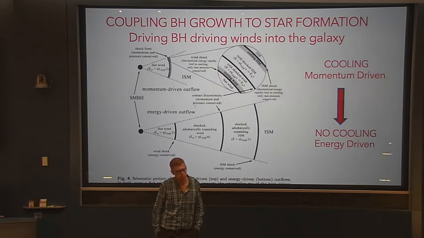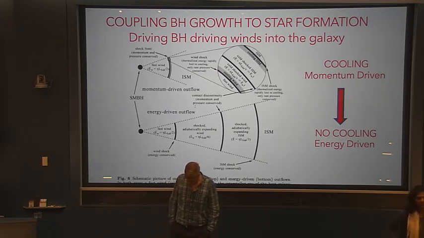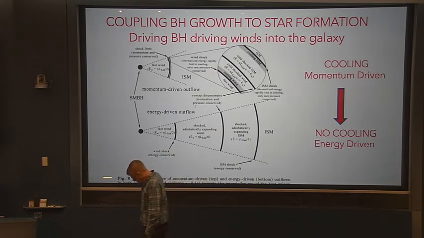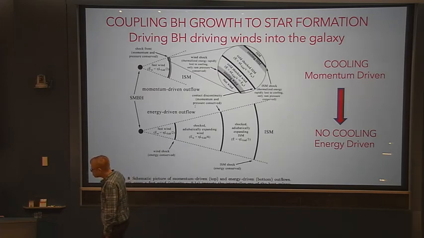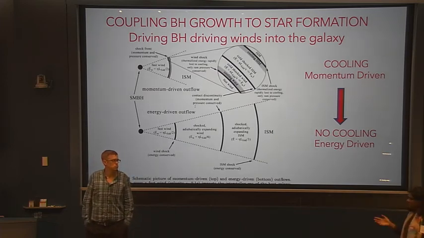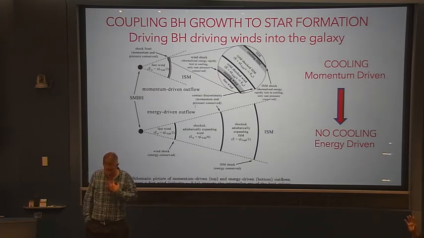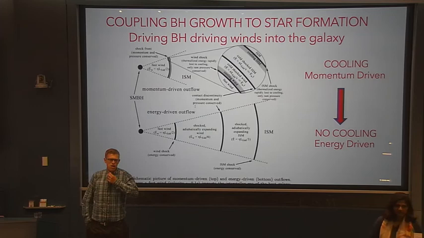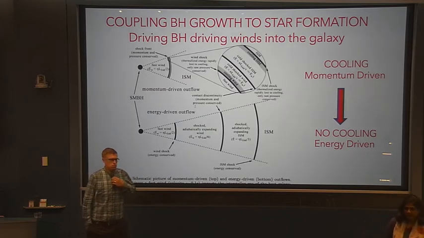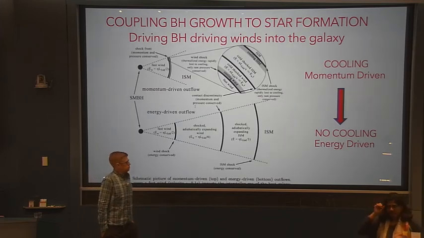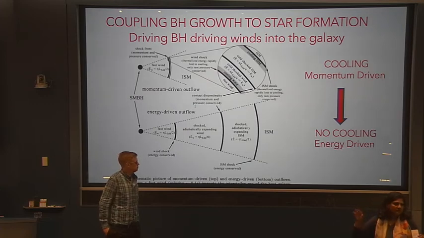I think there was a paper by Chen, I think in 2010, that actually showed that within the standard merging hierarchy in a merger-driven scenario, you can actually get a relationship that looks like M sigma from just lambda CDM without doing anything else, just the statistics of mergers.